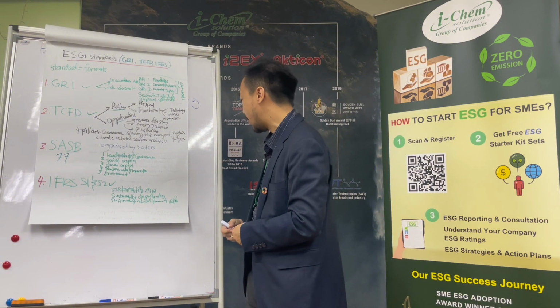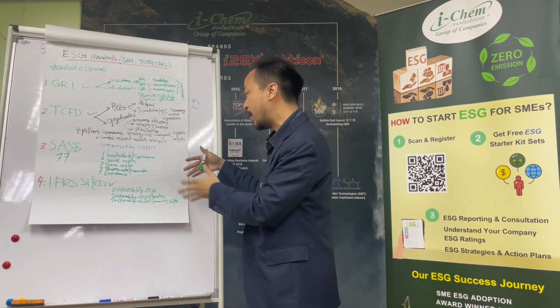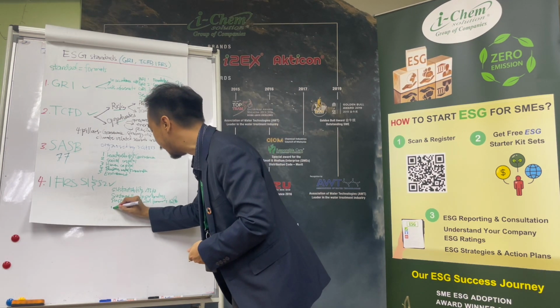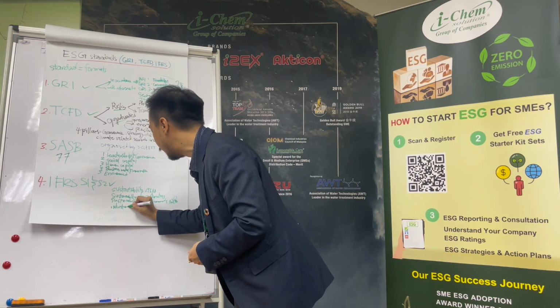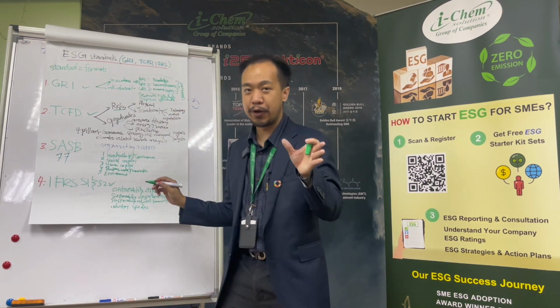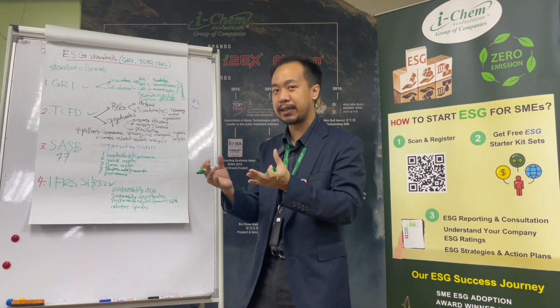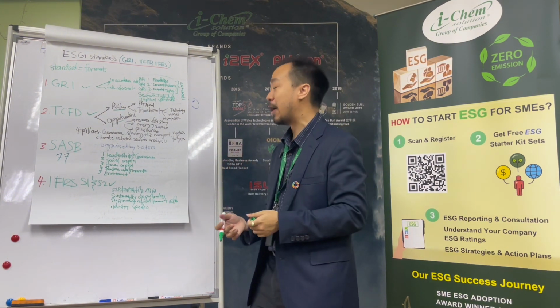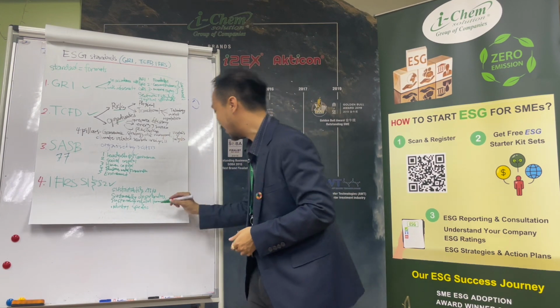Next, in IFRS S1 and S2, we talk about industry-specific topics, meaning that specific to your industry, you follow some topics for your industry. Reminds you of something? Exactly. That was what we saw in SASB.